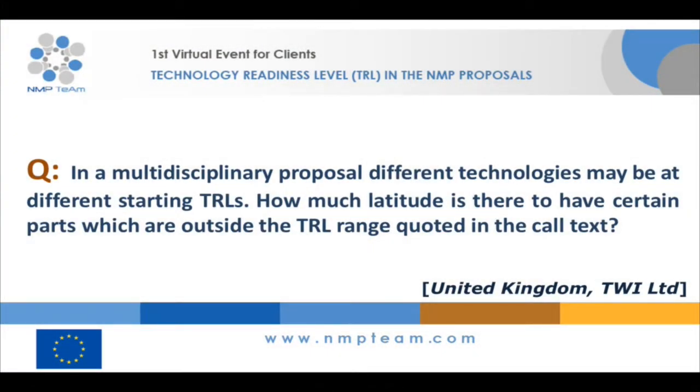So I think the next question is similar. In a multidisciplinary proposal, different technologies may be at different starting TRLs. How much latitude is there to have certain parts which are outside the TRL range quoted in the call text? Well, there is some latitude because it is indicative. At the end of the day, you have to come up with credible proposals. Within reason, any experts will accept a proposal that makes a case for starting at a lower TRL than the range given in the particular topic.